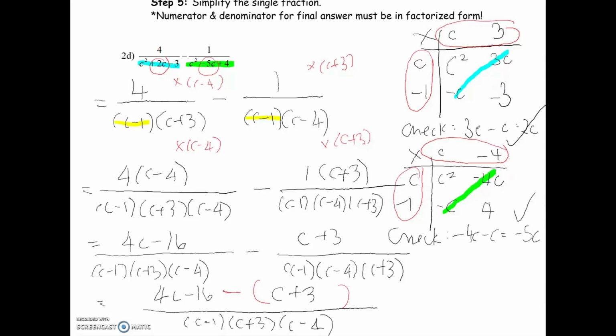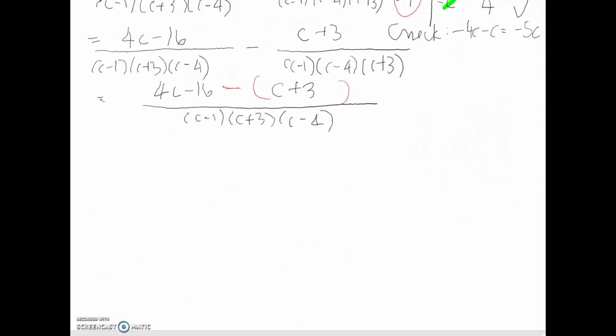And finally, we can simplify the single fraction. Please ensure that both numerator and denominator are in factorized form for the final answer. So you will get then 4c minus 16 minus c minus 3 over c minus 1 times c plus 3 times c minus 4.